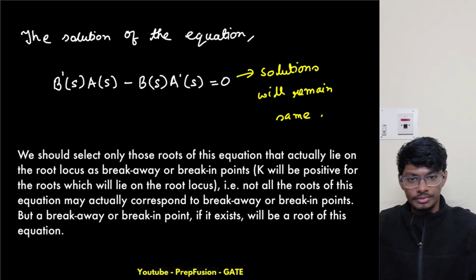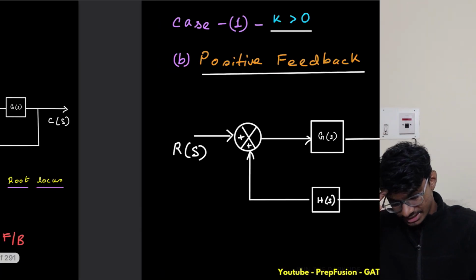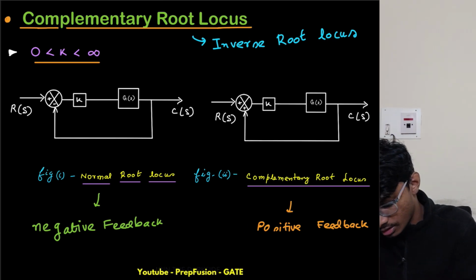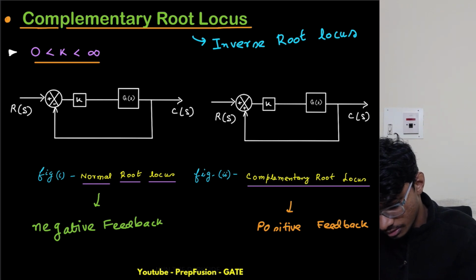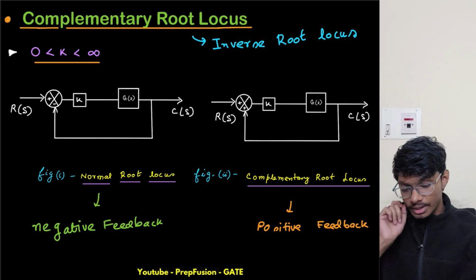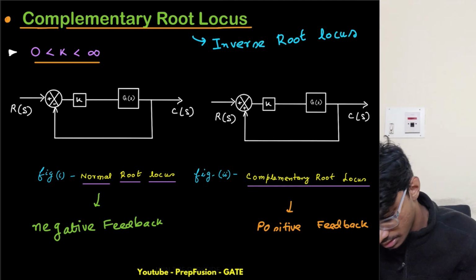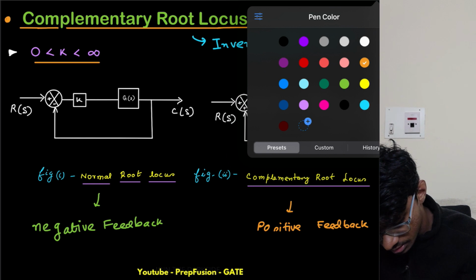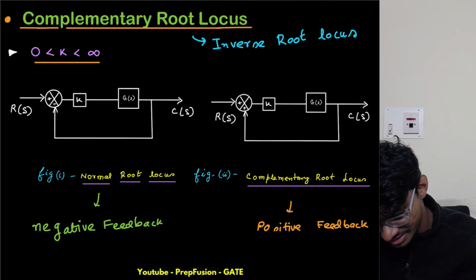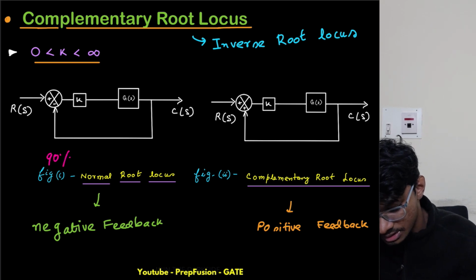One thing I forgot to mention at the start of the lecture is, don't worry about the complementary root locus. Around 90% of the cases, this one comes. Even if it feels hard to you, this one is the 90% case, and this one is the 5% or 6% case.